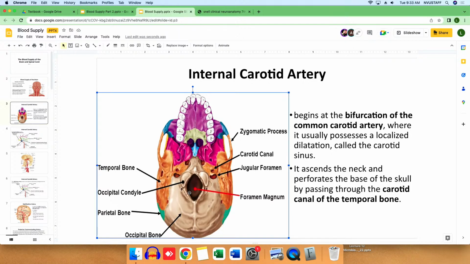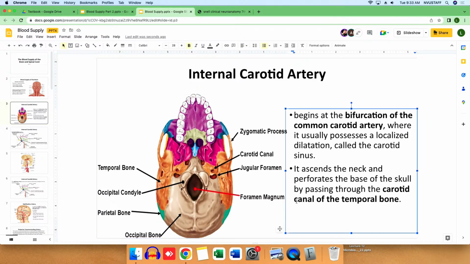While passing towards the head, sure, it needs to enter into the skull before it passes towards the brain.